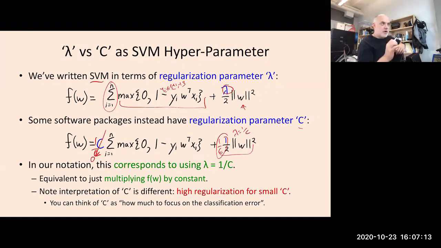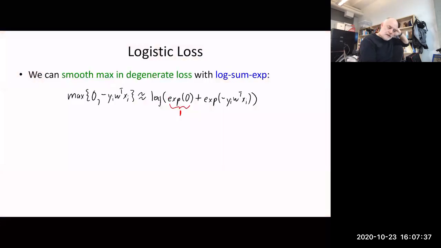So if C is small, you have lots of regularization. If C is large, you have less regularization. You can think of C as how much to focus on the classification error. This is a warning: if you start using regularized support vector machine software packages, you have to think about how the regularization parameter is actually included.